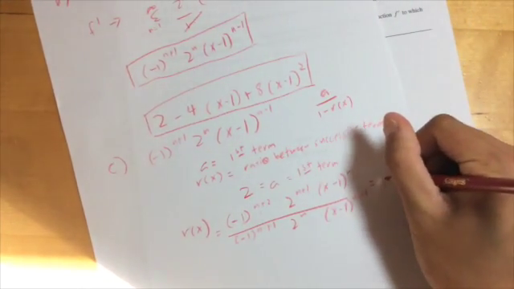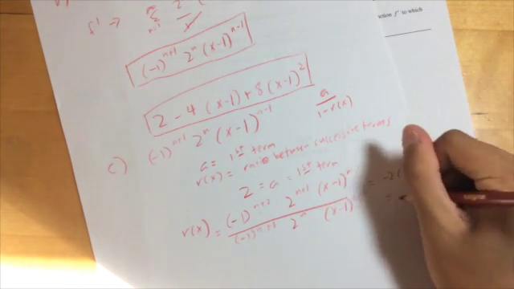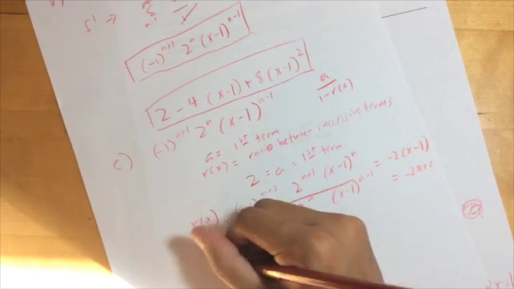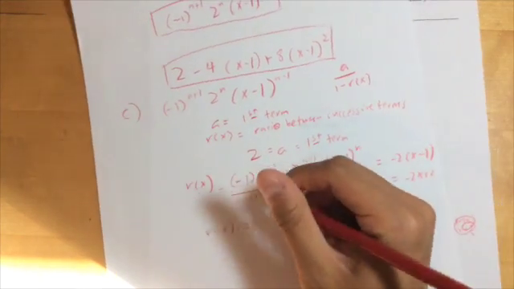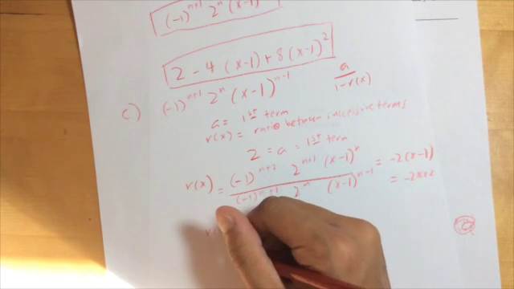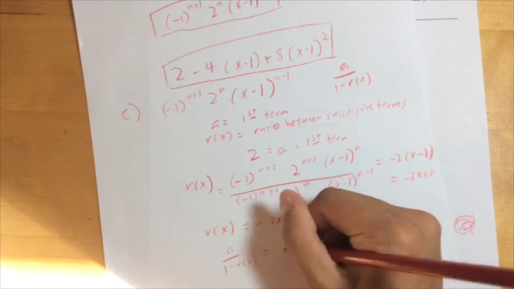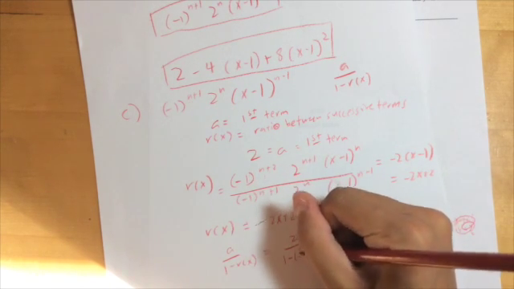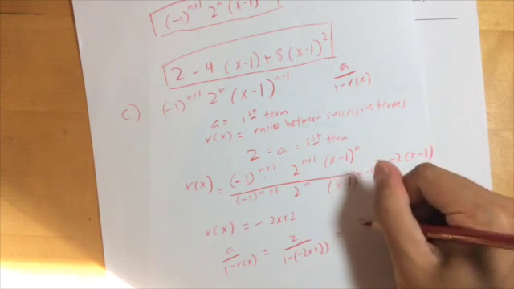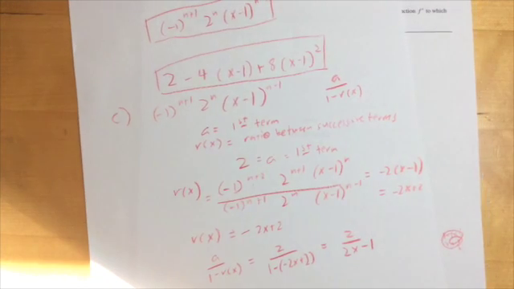And this all equals negative 2 times x minus 1, or negative 2x plus 2. So your r of x is just negative 2x plus 2. So the form a over 1 minus r of x is just 2 over 1 minus negative 2x plus 2, which is equal to 2 over 2x minus 1.